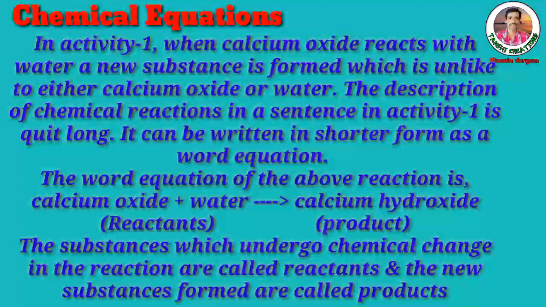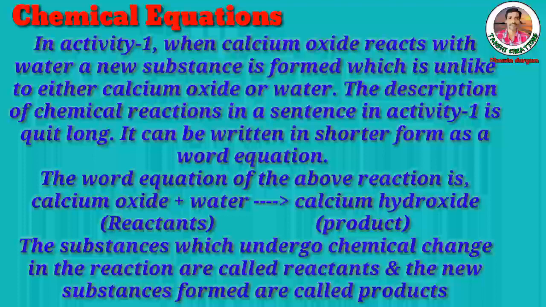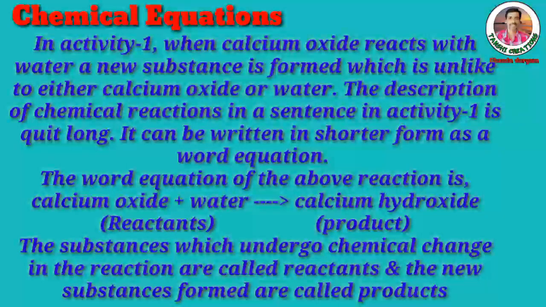Next, we will learn about chemical equations. In activity number 1, when calcium oxide reacts with water, a new substance is formed which is unlike either calcium oxide or water. The description of the chemical reaction in a sentence in activity number 1 is quite long.